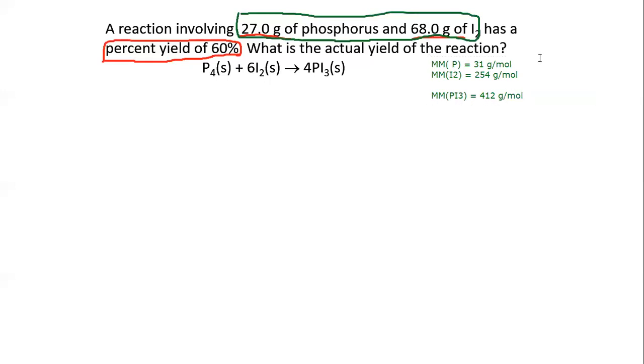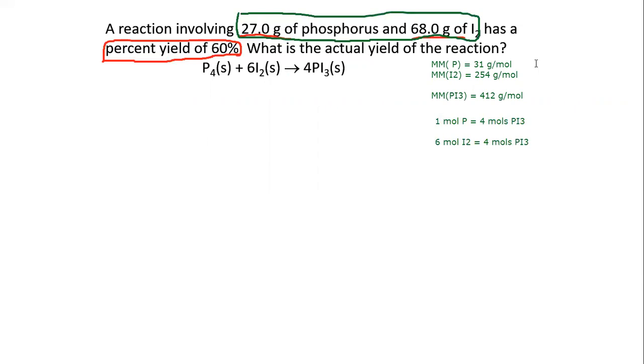We're also going to need some mole ratios. For phosphorus and phosphorus triiodide, it's 1 mole of phosphorus equals 4 moles of phosphorus triiodide. And for iodine, 6 moles of iodine equals 4 moles of phosphorus triiodide.